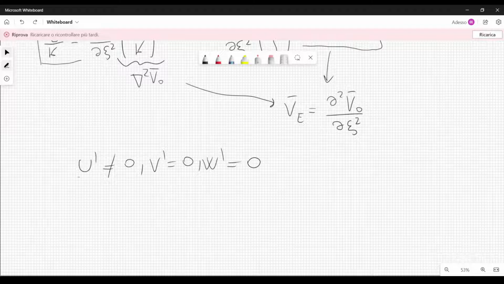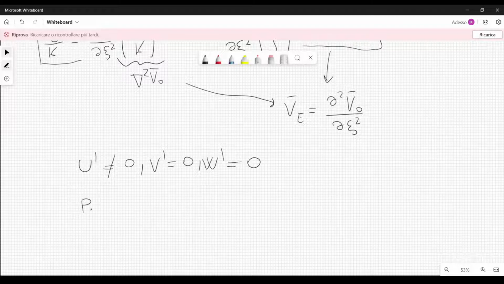So first we assume that u prime is the only non-zero component of the velocity, and the others are 0, and then we will assume that the second component of the velocity will be non-zero, so v prime, and the others 0, and finally w prime will be non-zero and the others 0. So by superposition we can find the most general expression.